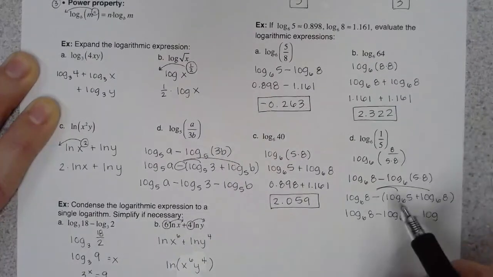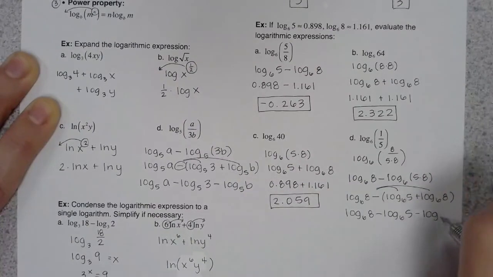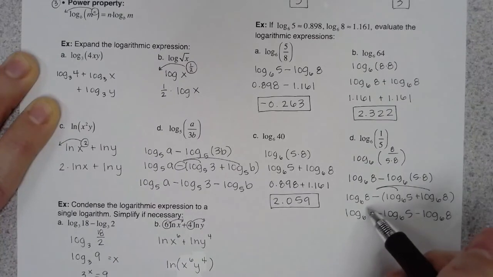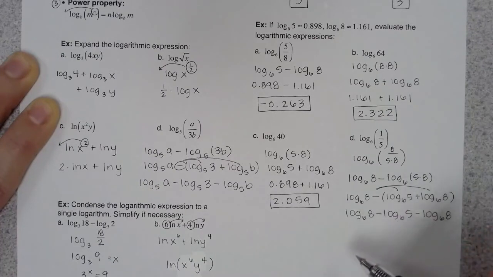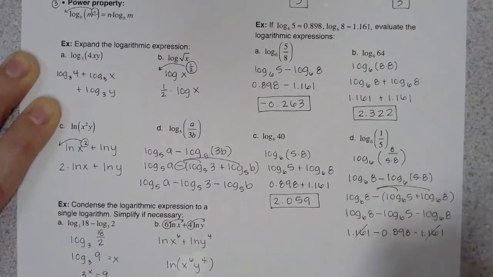So that'll give you log base 6 of 8 minus log base 6 of 5 minus log base 6 of 8. And then the log base 6 of 8 terms will actually cancel each other out, which you can do either now or later, that's fine. Log base 6 of 8 is 1.161, so these two will cancel, and you'll get negative 0.898 as your value for this one.